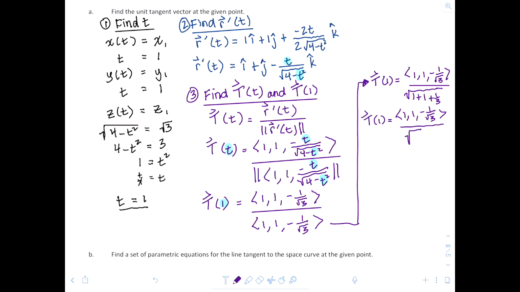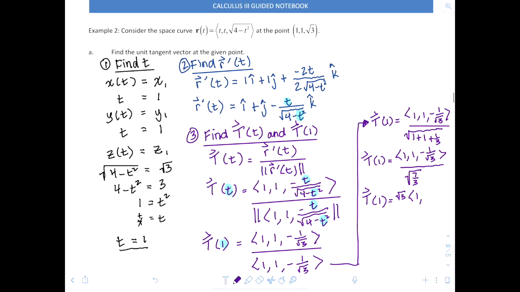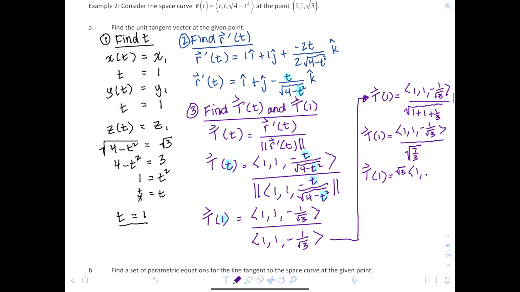So the square root of 7/3. So when you invert and multiply, I believe T at 1 would be root 3 times 1, negative 1 over root 3, over root 7.